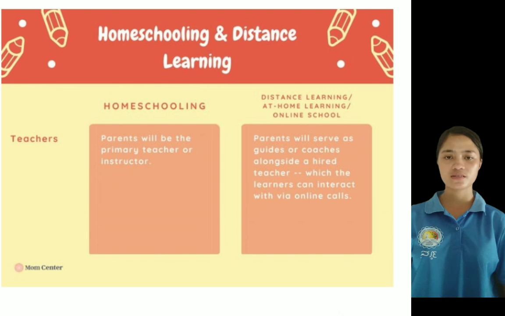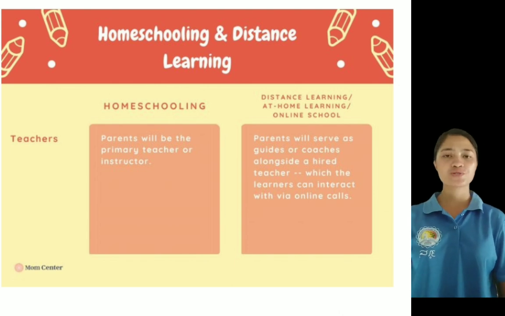In teachers, in homeschooling, parents will be the primary teacher or the instructor. On distance learning, at-home learning, or online school, parents will serve as guides or coaches alongside a hired teacher which the learners can interact with via online calls.